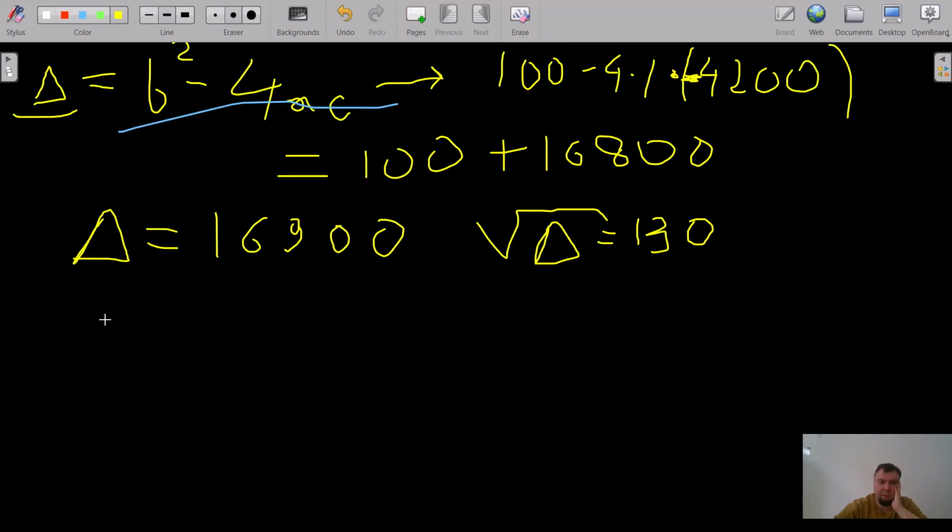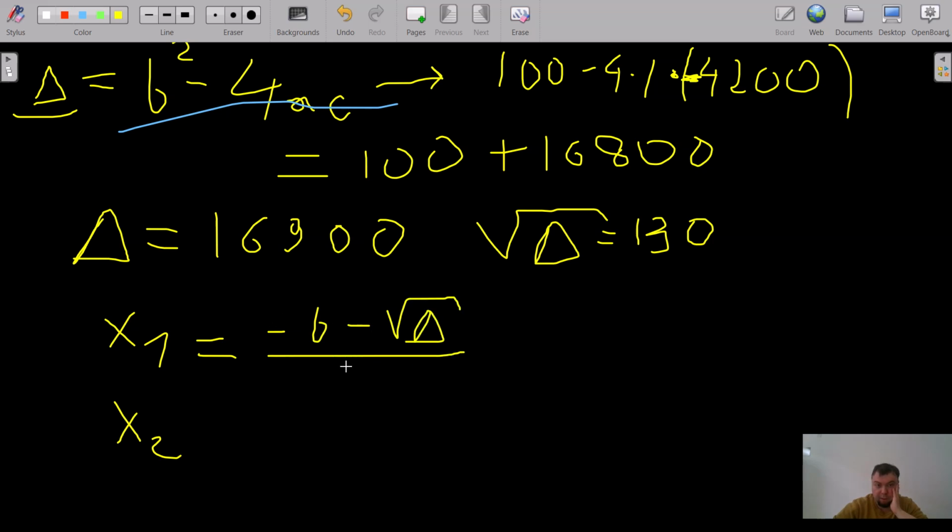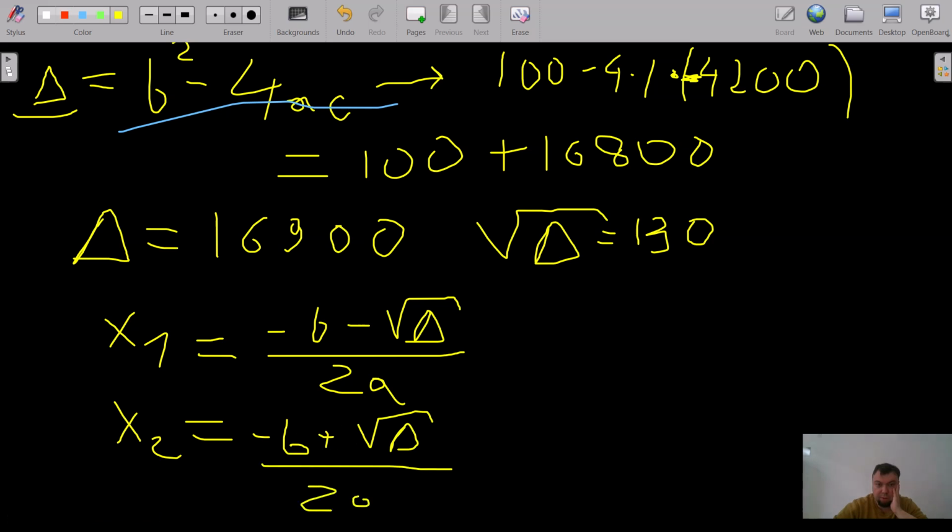And from this, you remember that to calculate roots x1, x2 from the quadratic formula, x1 equals minus b minus square root delta over 2a. The other one equals minus b plus, because we have two roots, x1 and x2, so they're very similar. For the first one you subtract the square root of delta, and for the second one you add the square root of delta: minus b plus square root delta over 2a.